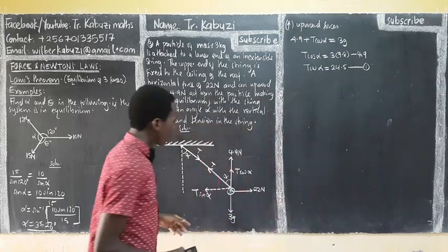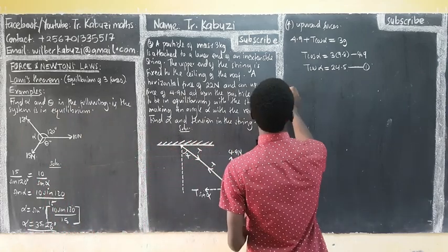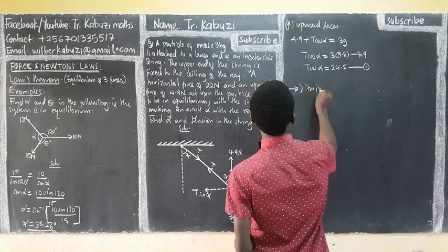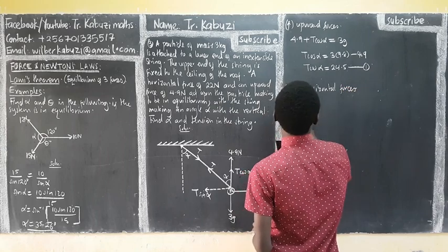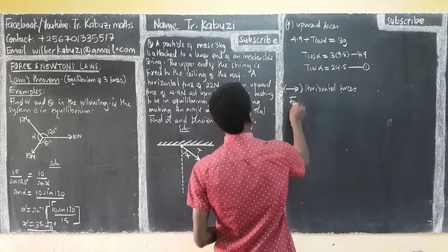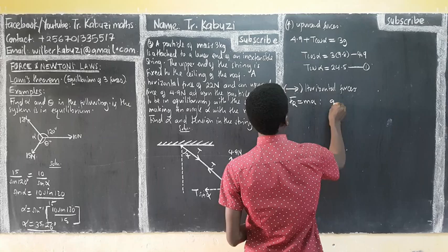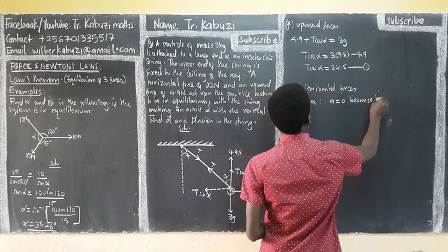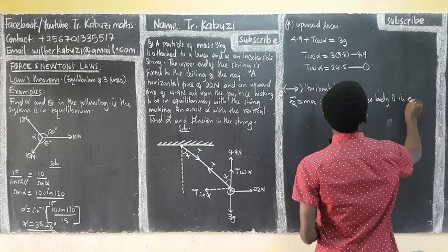Now I can say horizontal forces. Remember, Newton's second law says F is equal to ma. You can also use it here, but our a is equal to 0 because the body is in equilibrium.